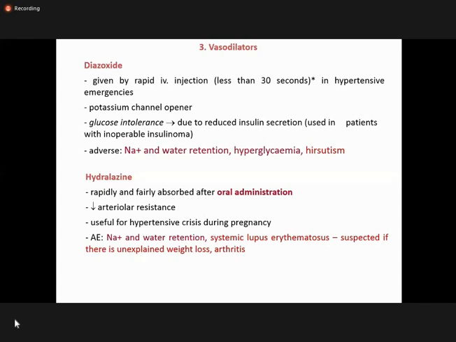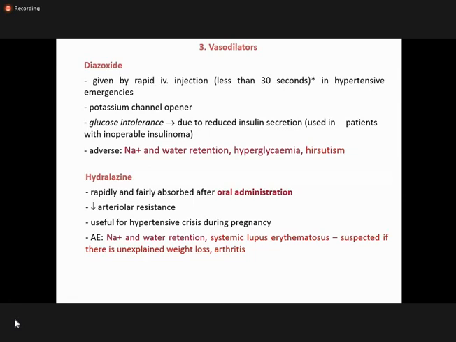Definitely, when there is increased insulin secretion, it will induce a hypoglycemic state. So diazoxide can reduce the insulin secretion. Right. So this is another important use of this drug.